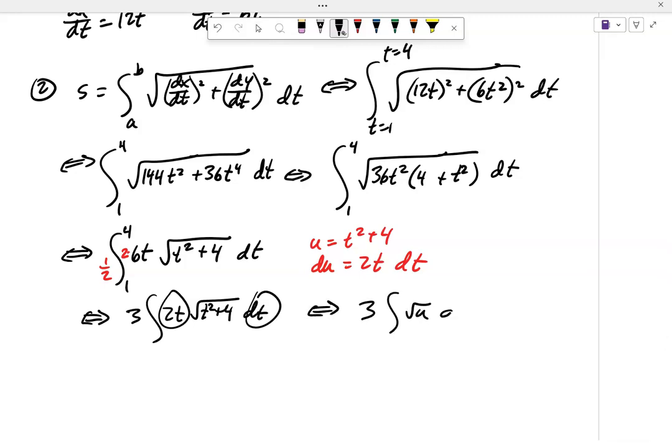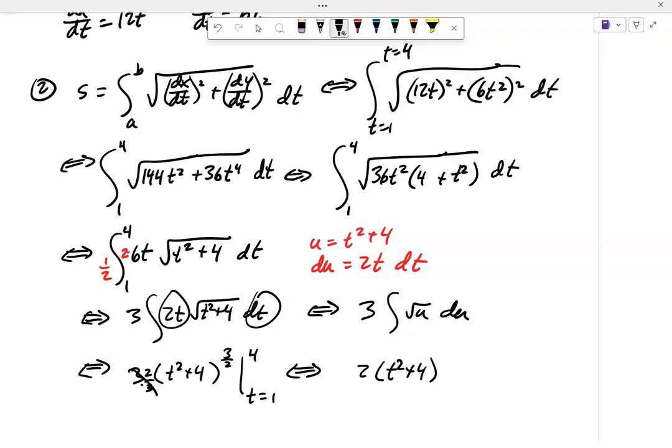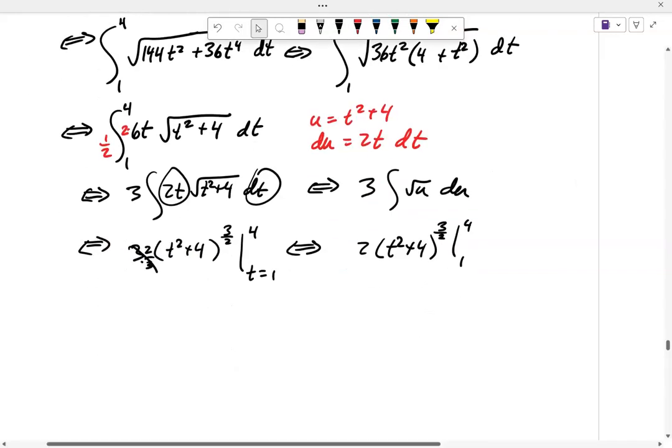And so we got 3 times u to the 3/2 all over 3/2, so times 2/3. Our u here is t squared plus 4. This is from t being 1 to 4. 3 times 2/3, the 3 cancels, so we got 2 times (t squared plus 4) to the 3/2, from 1 to 4.